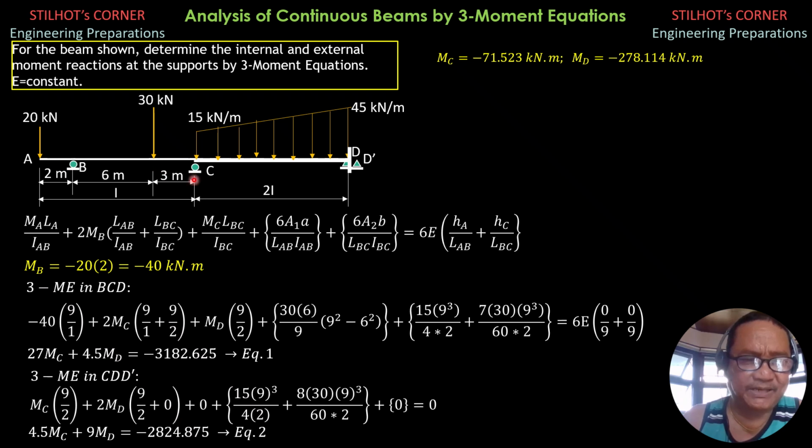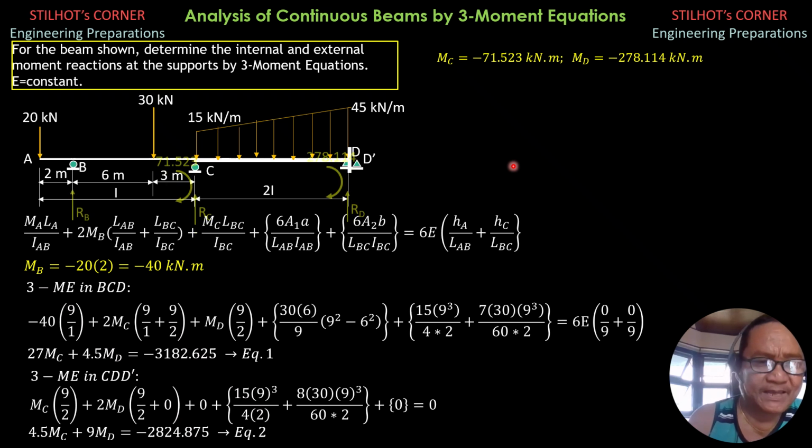Let's consider ABC to solve for RB. It means MCD is 71.523, and it is counterclockwise, while MCB is clockwise 71.523 as shown in this figure.